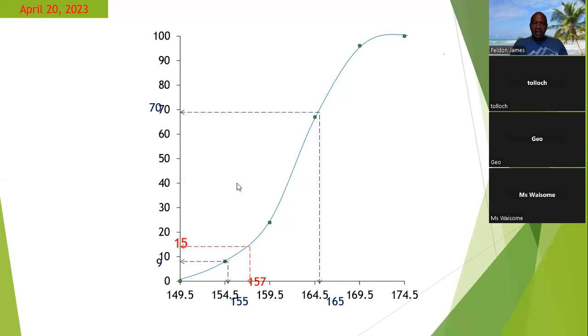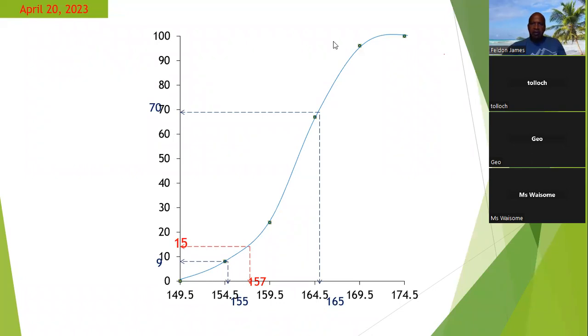Now, we see that the number of men who would have a height of 155 would be 9. We also saw where the number of men with a height of 165 would be 70. But the question is asking the number of men between the height of 155 and 165, right?